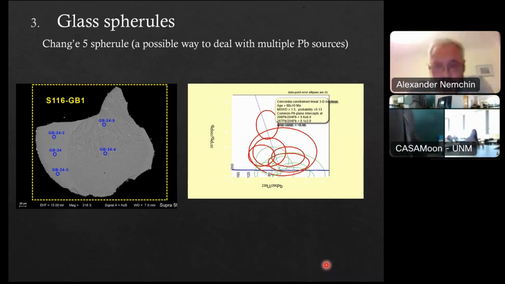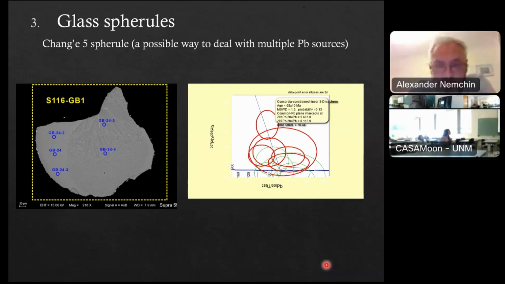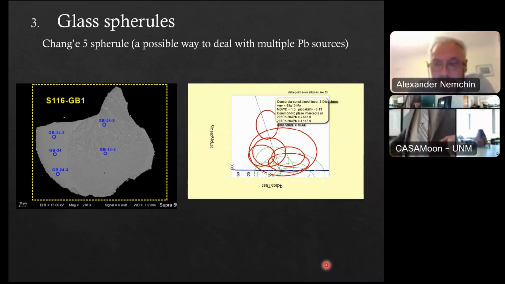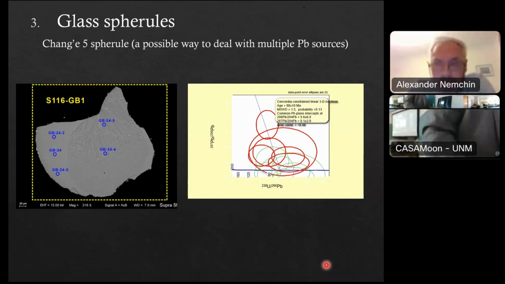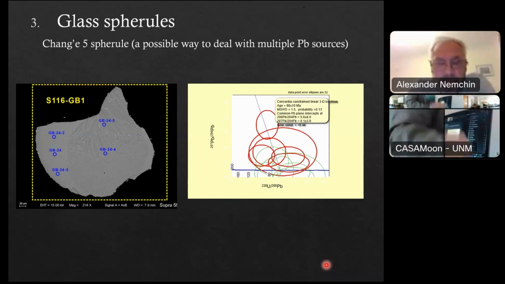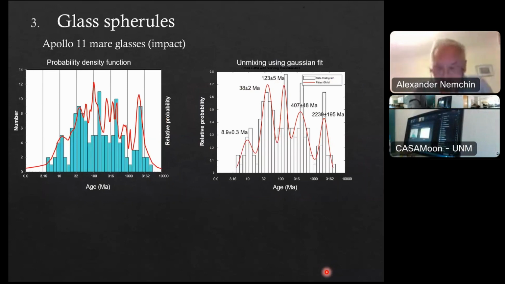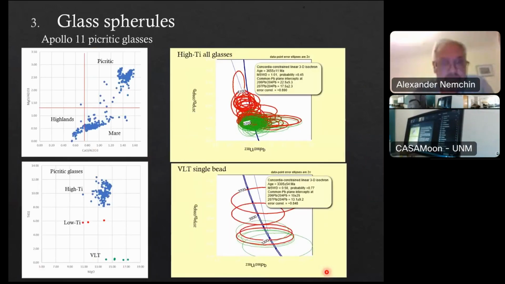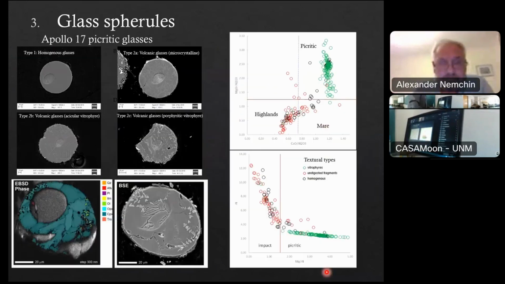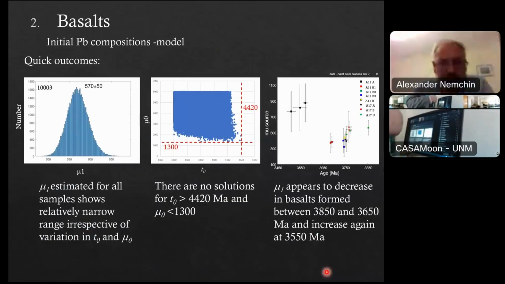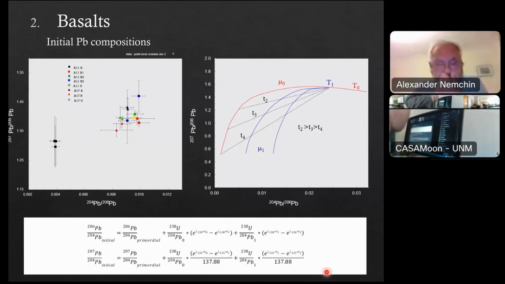Any other questions from online? Any questions in the audience at UNM? Sasha, I did have a question. I was looking hard at your diagrams identifying the lead characteristic of the sources for the Mare basalts, and also how those sources compare with the volcanic glasses.